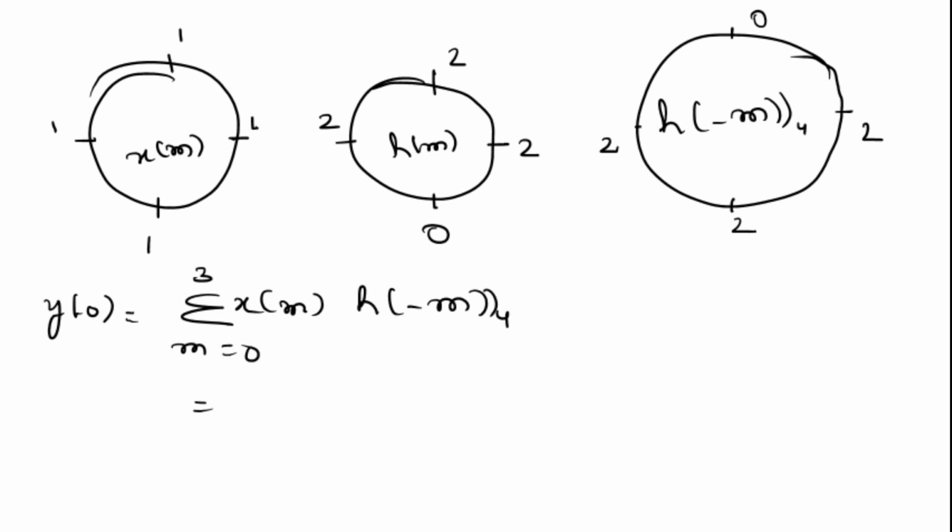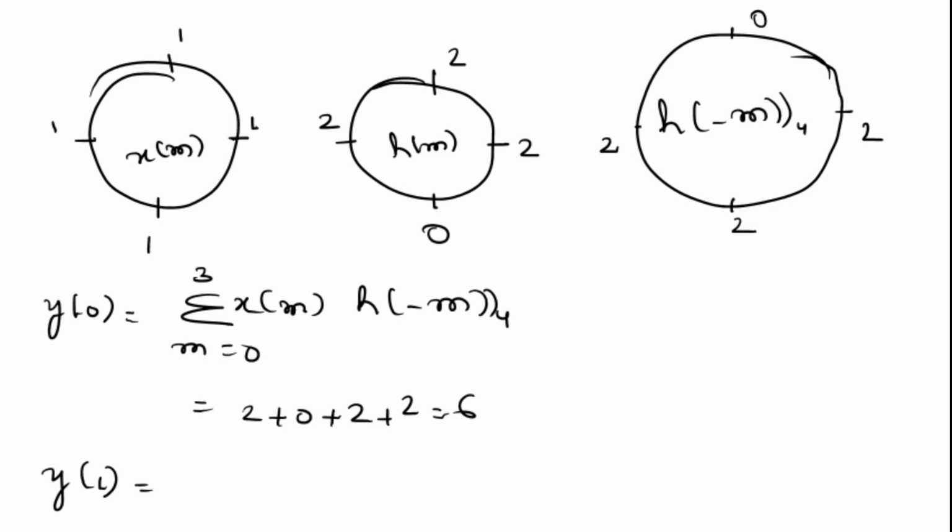That means 2 plus 0 plus 2 plus 2, which is equal to 6. Similarly, y of 1, we have to shift the signal by 1 unit in the anti-clockwise direction. So 2 will come here, 0 will come here, remaining values are 2.